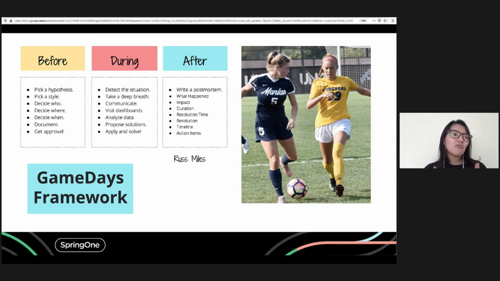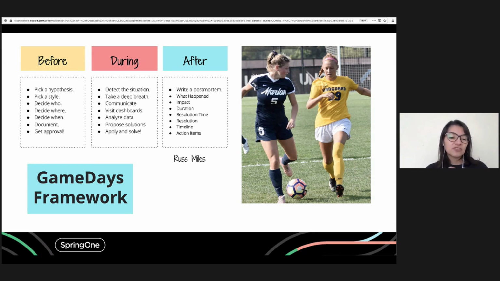Russ Miles is the author of one of the books on chaos engineering, and he provides a framework with 3 stages. After that, I am going to share a modification for this framework. Russ Miles' proposal was based on 3 phases: before, during, and after.